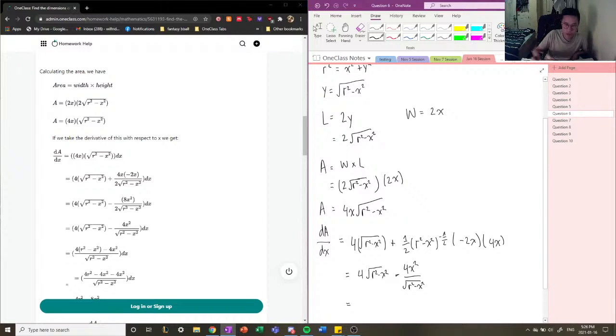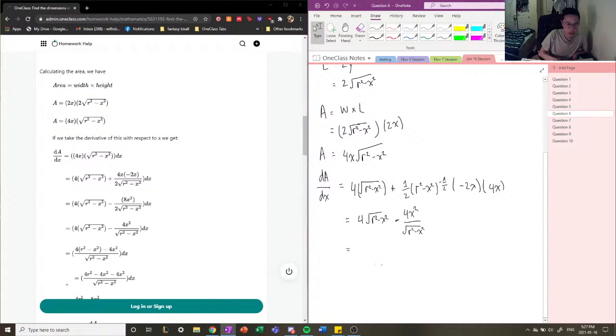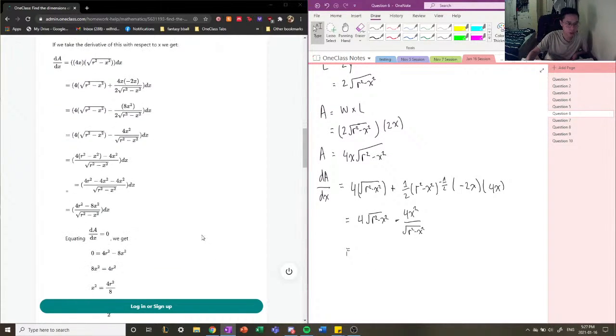And if we were to simplify this further, we would find that this would equal 4r squared minus 8x squared divided by the root of r squared minus x squared. Okay, so you guys can pause the video and simplify this, but basically I moved everything under the same denominator by multiplying this first term by square root of r squared minus x squared, and then I simplified to find this derivative function.